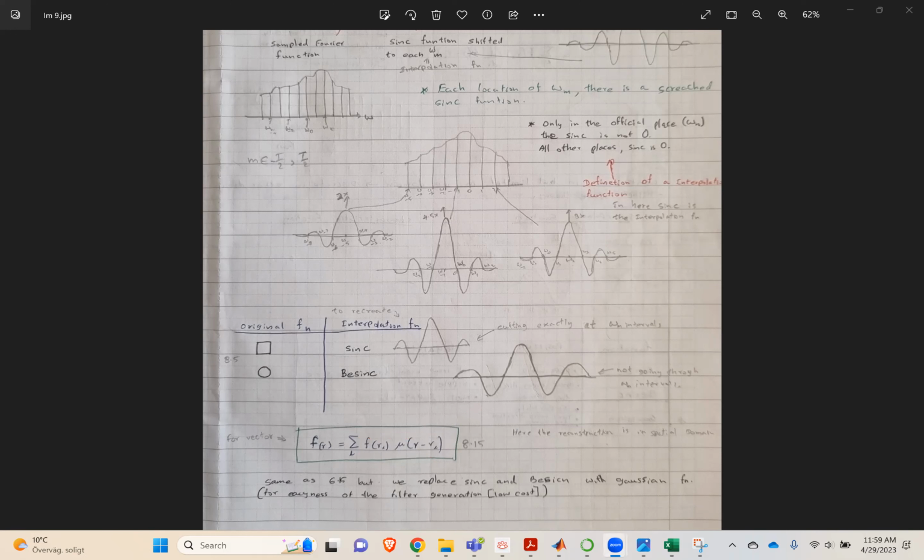But the thing is, you apply your interpolation function at every position, then you are increasing the magnitude of that function by this value. That means, let's say this value is 1, and here the value is 1.2, here the value is 1.3. We are multiplying by that factor. So in here you can see the height of the function is increased, and this height is like this. You can see the scale exactly.